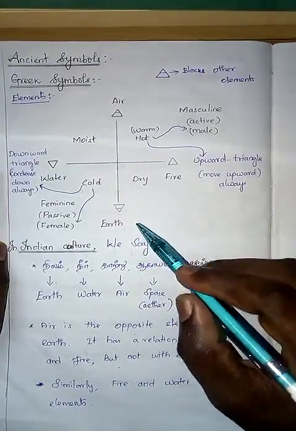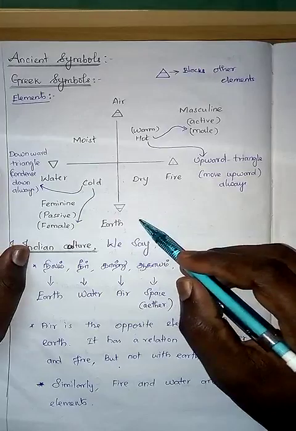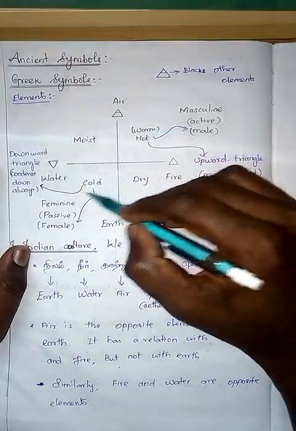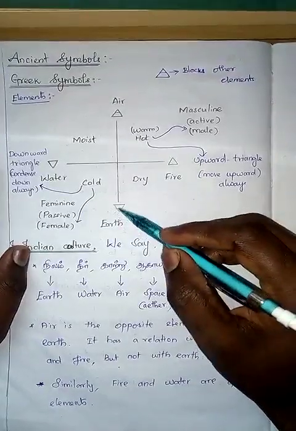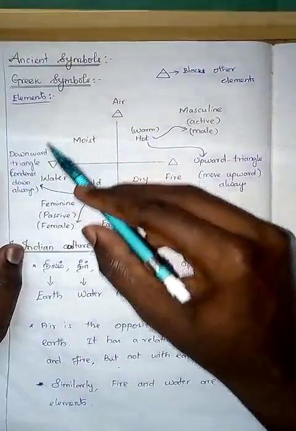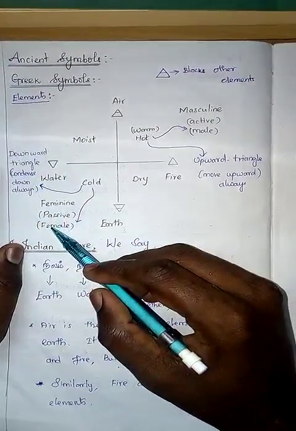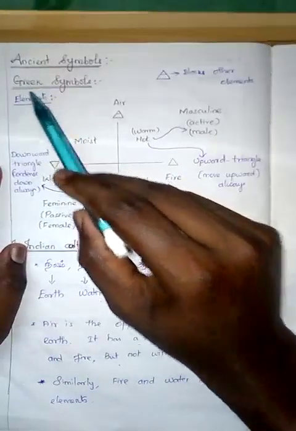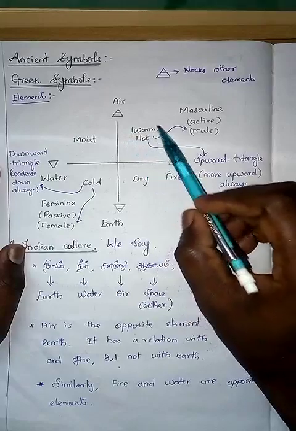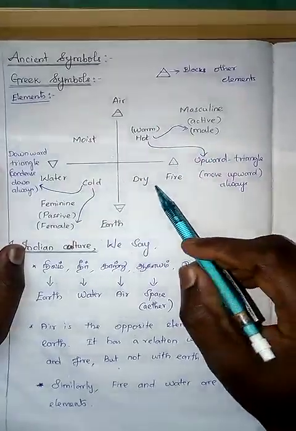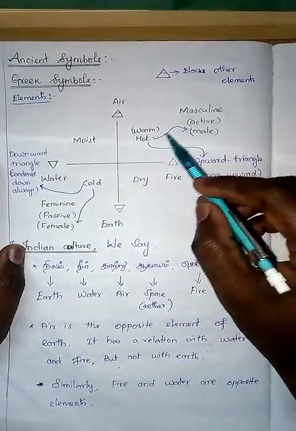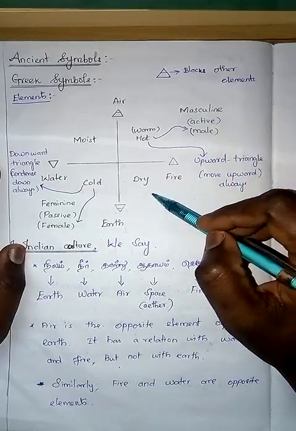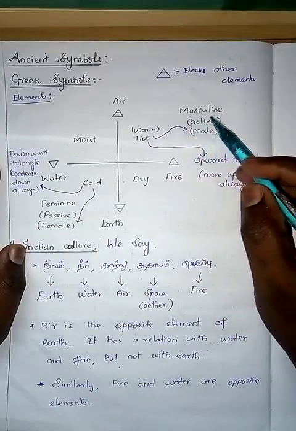So let us start with the area called warm and cold. It's a mythological concept, so there is no scientific evidence for this. The Greek people thought that whatever is hot comes under the masculine element, which is very active.